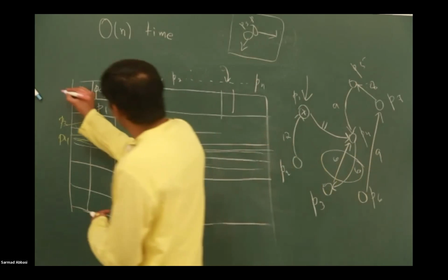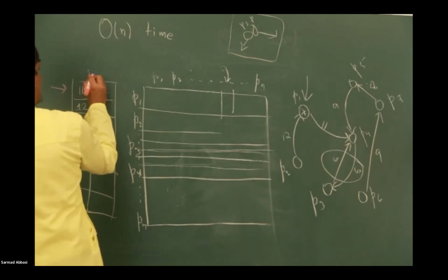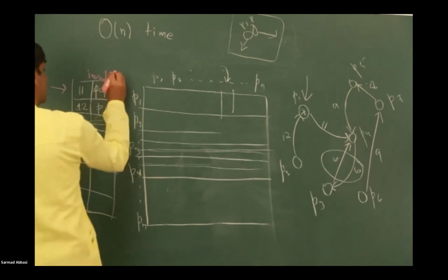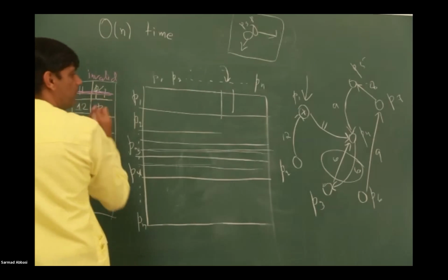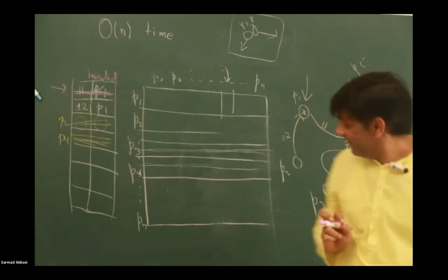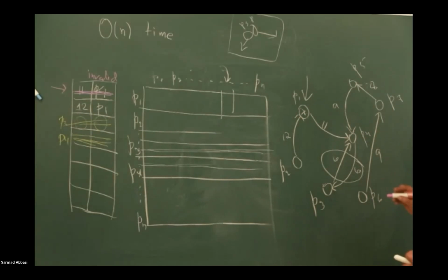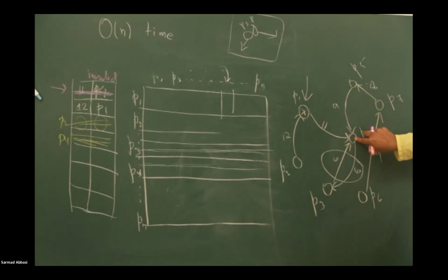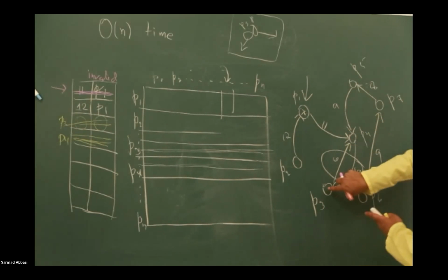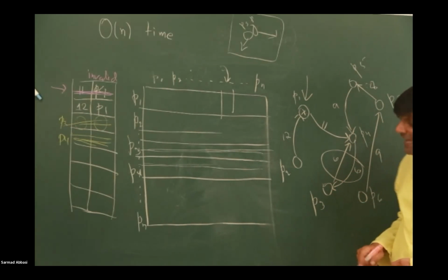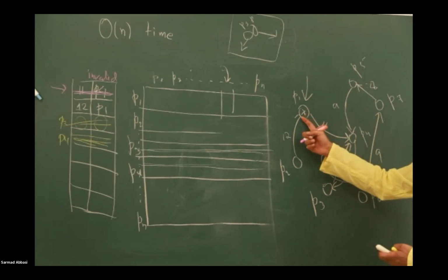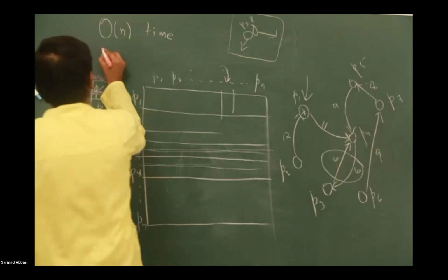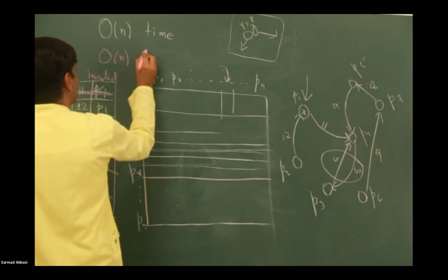You have to recompute this. In fact, you will have to recompute all the entries that are pointing to either P4 or P3, and recomputing each entry will be a penalty of order n time.